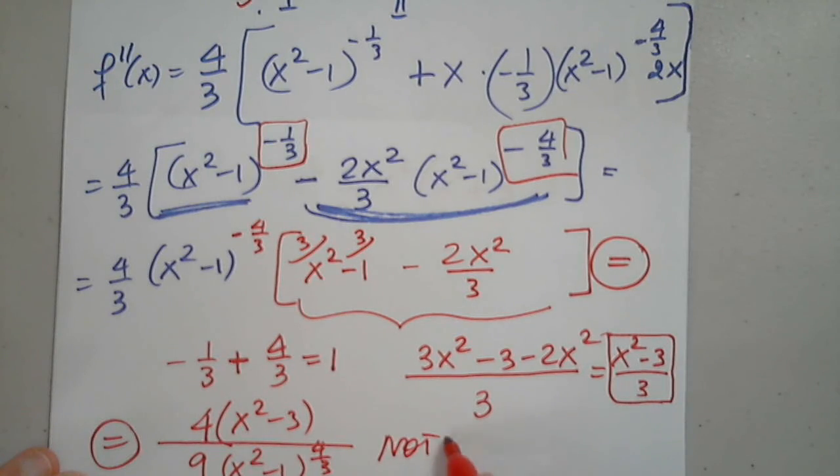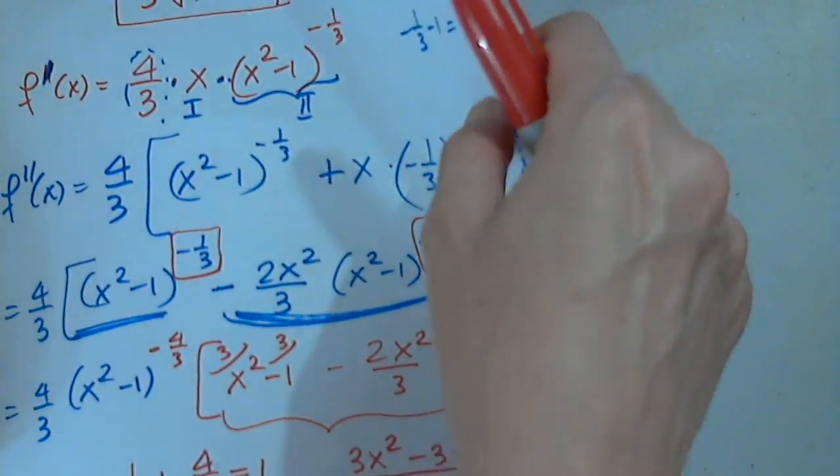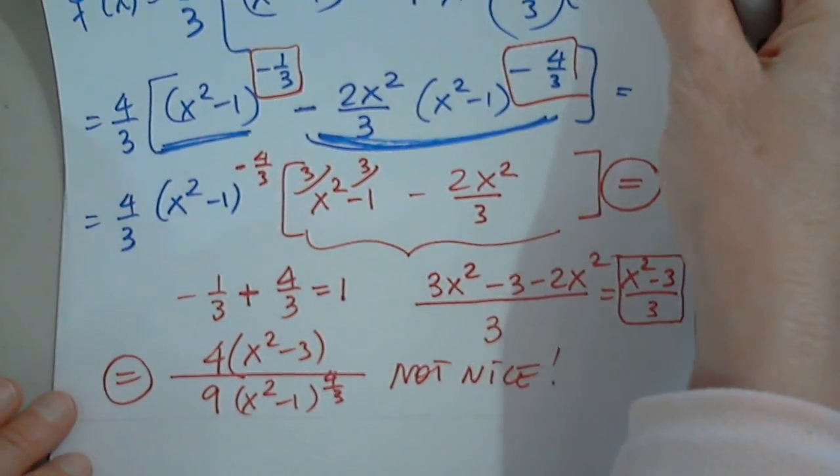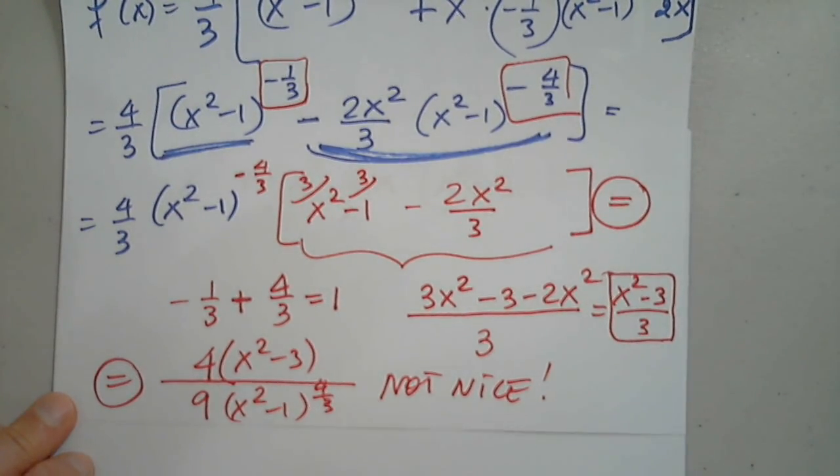Not nice. A lot of work. Very easy to make a mistake on such a problem. Not a nice function to differentiate the second time. The first time was okay, but differentiating the second time was not nice at all. A lot of steps. Factoring, simplifying.